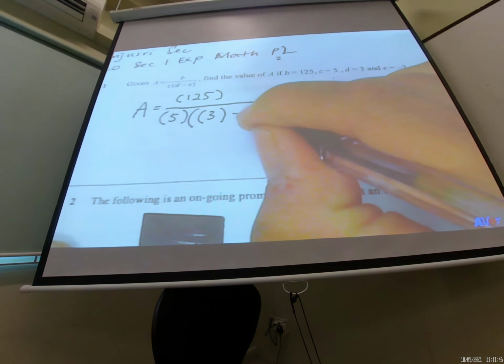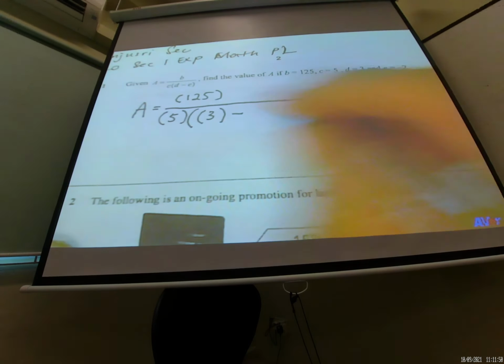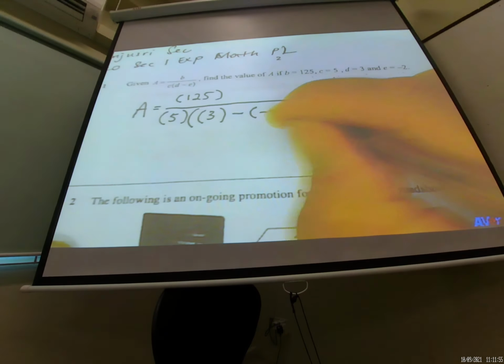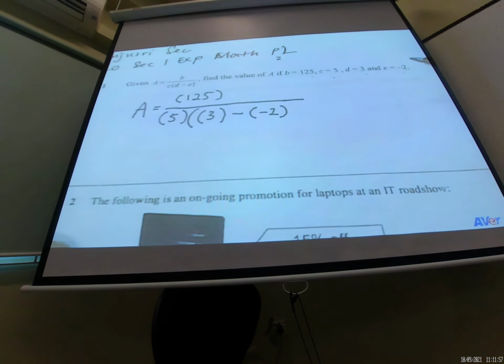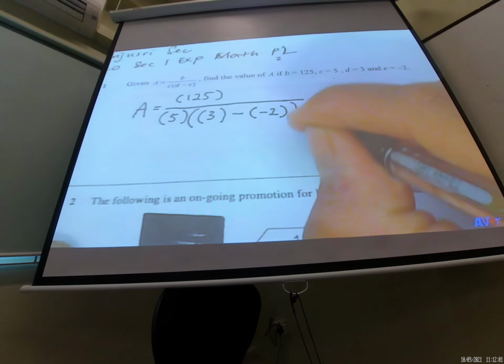Minus, no change. We are substituting E with -2. So the entire E is replaced by a bracket with -2 inside. Then after E there is this bracket, close it.